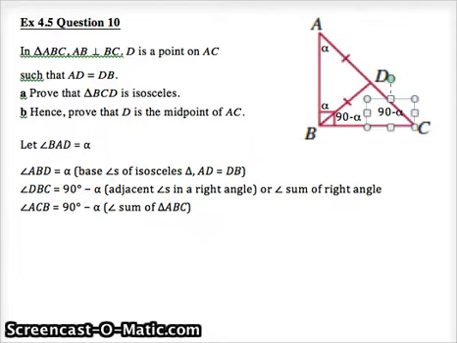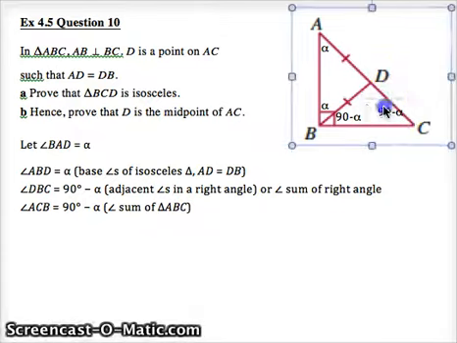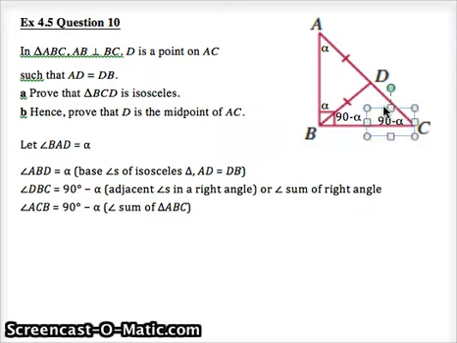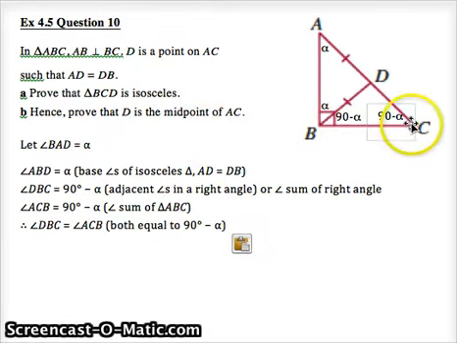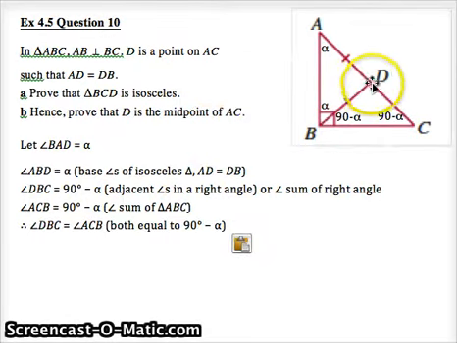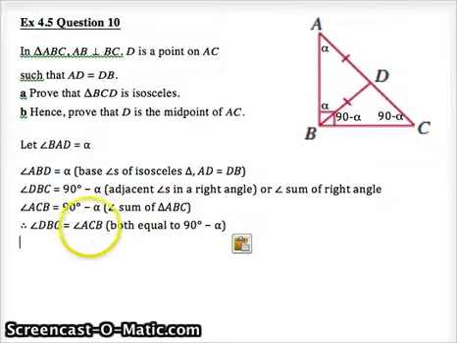So therefore we can see that we have two angles in this triangle that are the same. So therefore this triangle is isosceles. So we're just going to write that down as well. So therefore we can say that angle DBC is equal to angle DCB. You can call it DCB or ACB, I'm going to change it to DCB.